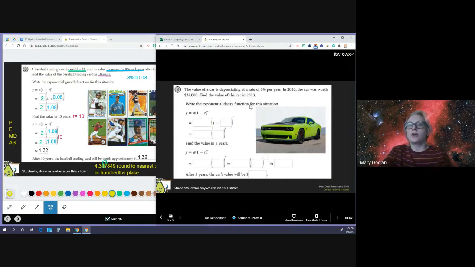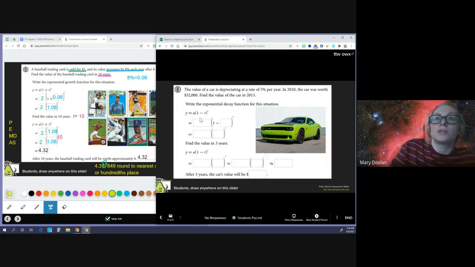Find the value of the car in 2013. Over 3 years, how much is it going to be worth after that? Again, it's exponential because you're finding the percentage of an amount. Each year is changing the amount that you're finding the percentage of. That's what makes it exponential.